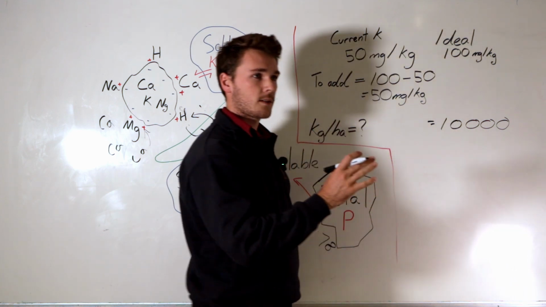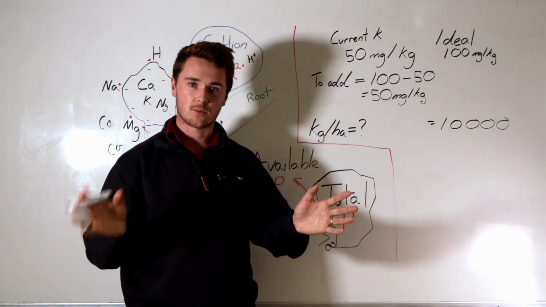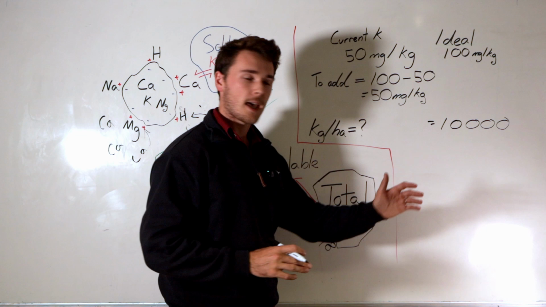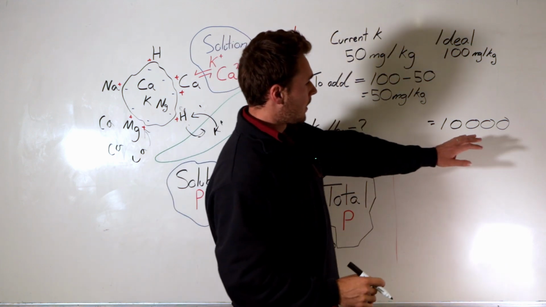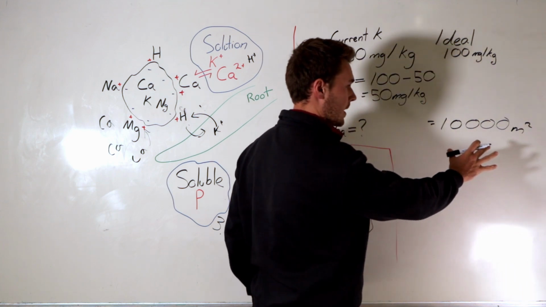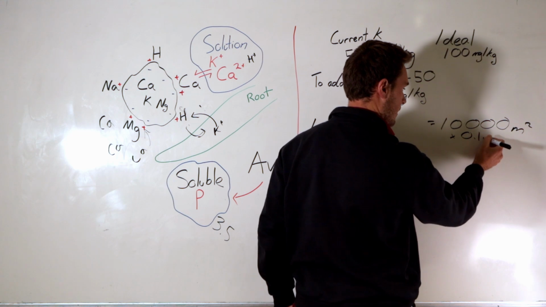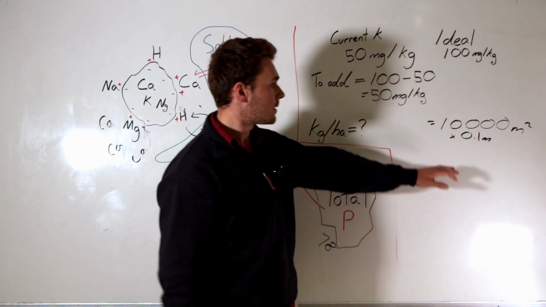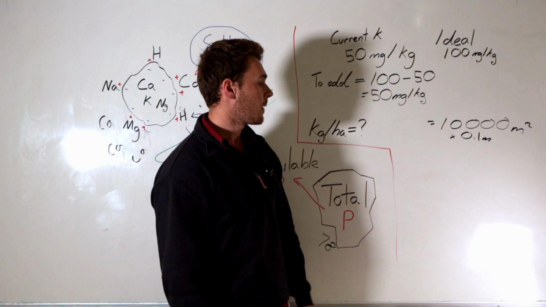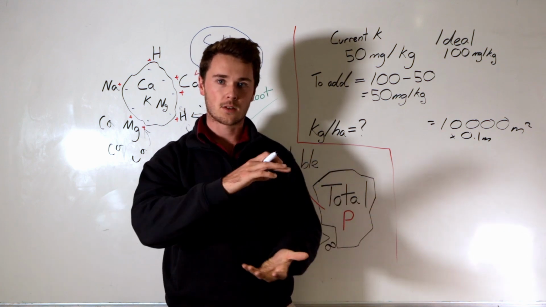We have 10,000 meters squared in a hectare, which is 100 meters by 100 meters, rather than all this feet and acres and whatever. So we've got 10,000 square meters in a hectare. We're going to times that by 0.1 meters, which is the depth we want to go to, 10 centimeters deep. And that will give us the volume of a hectare down to 10 centimeters.